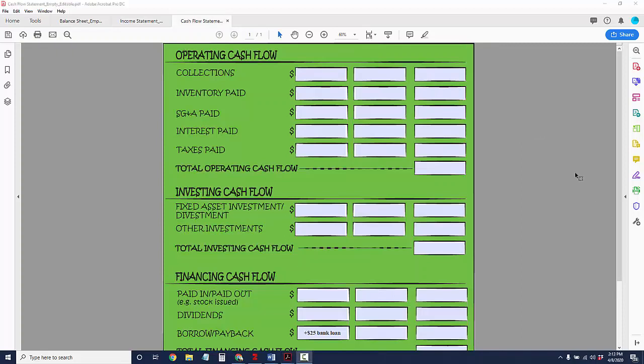Back to the cash flow statement. The question for the cash flow statement is, did any cash come into or leave the business? When we went to the grocer, we purchased ingredients worth $20. We paid $10 in cash and $10 was charged to our account at the grocer. So on the cash flow statement, you wouldn't see $20 for inventory paid, but only $10 for the part of the inventory that we paid in cash.